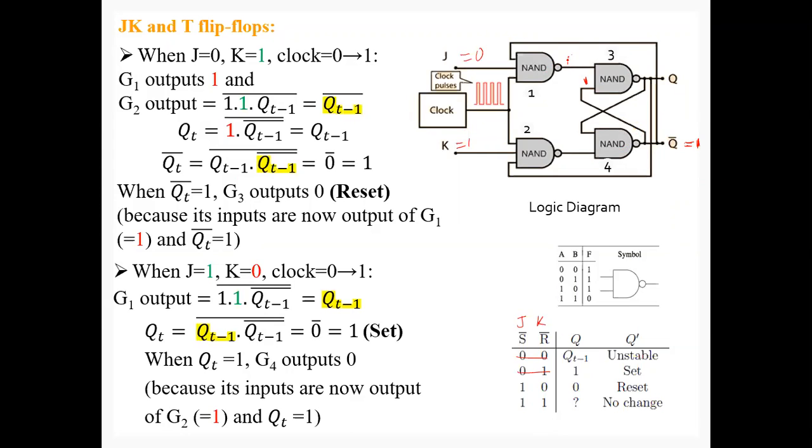That's why this is 1. So what is 1 and 1 for the NAND gate? 0. So that's why this is 0. That makes sense, right? So Q is 0, Q bar is 1. Meaning when J equals 0, K equals 1, Q equals 0, Q bar equals 1. Is it set or reset? Reset. Because you just look at Q. Is the Q 0? Then it is reset.